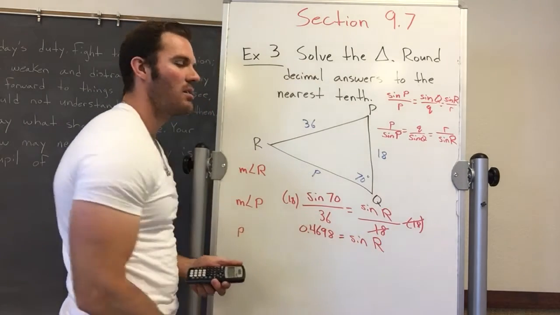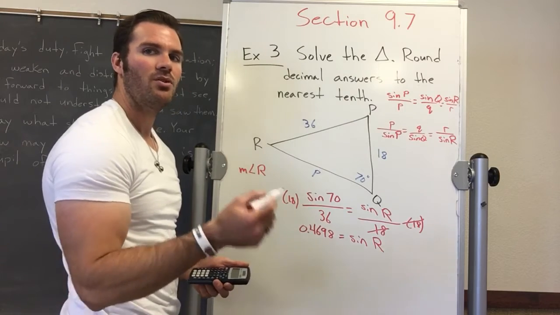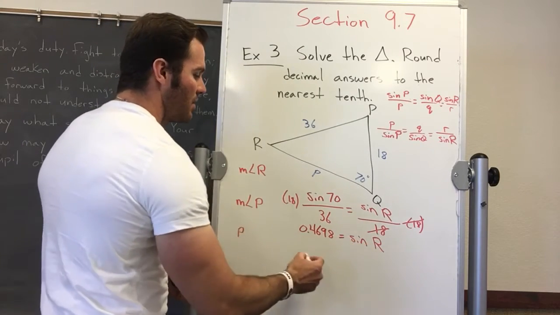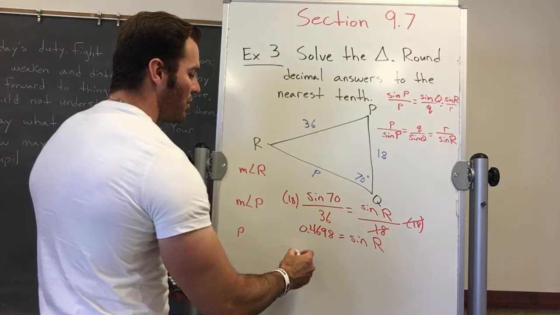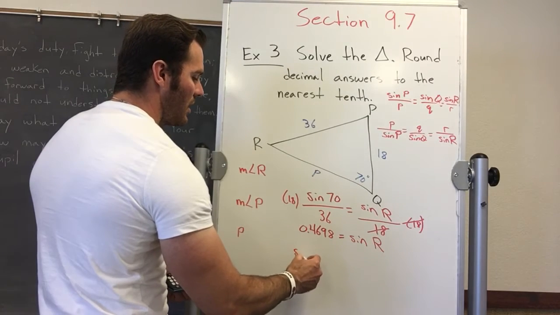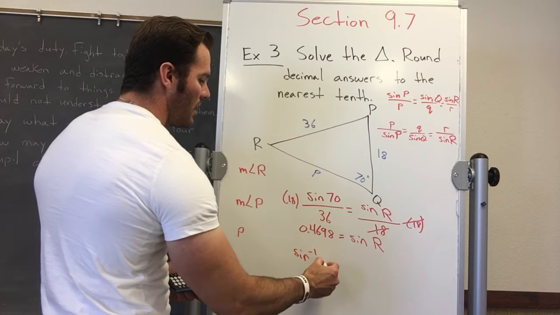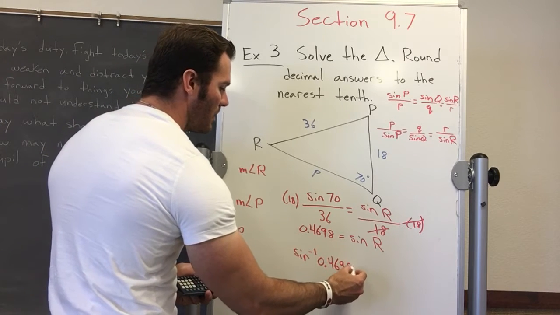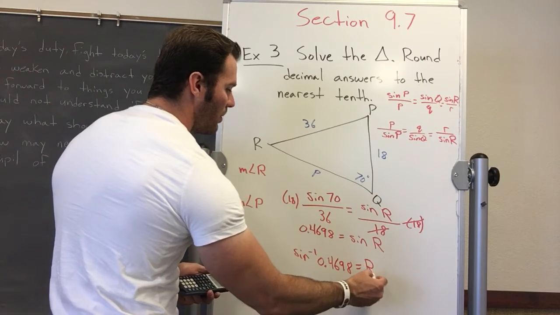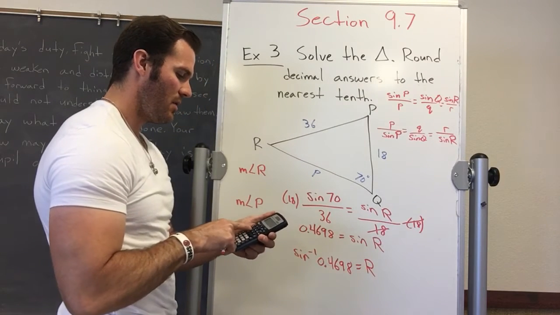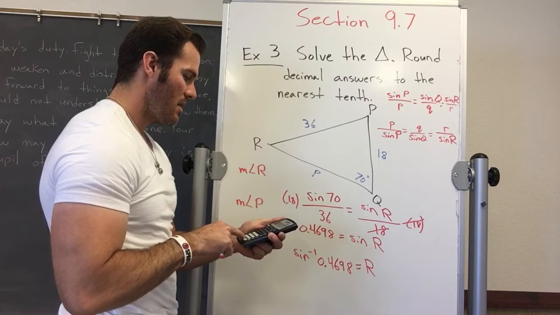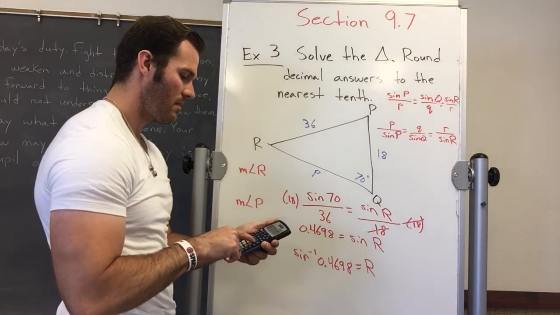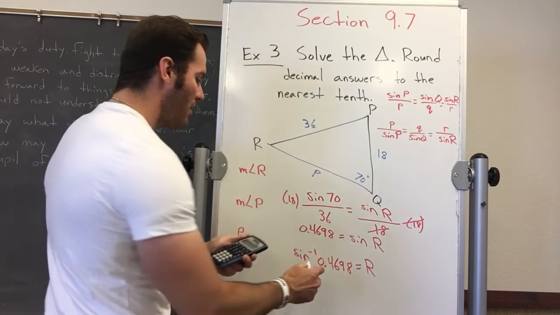How do we get just R? We're going to do the inverse sine. Inverse sine gets rid of the sine. So we're doing inverse sine of the decimal, and that's going to equal R. So inverse sine of that number, and I'm going to round it.